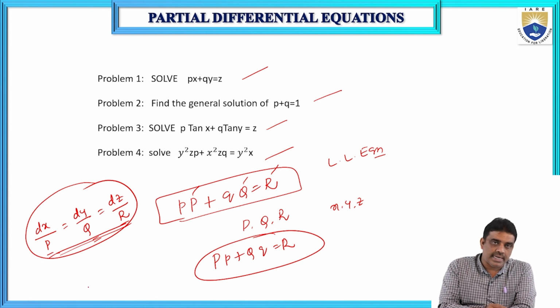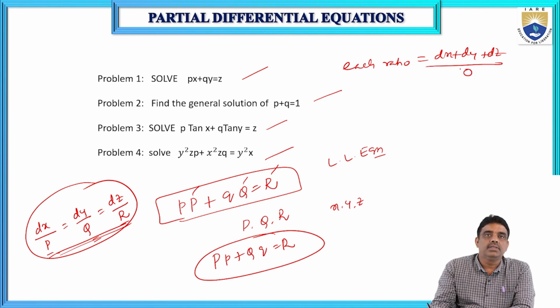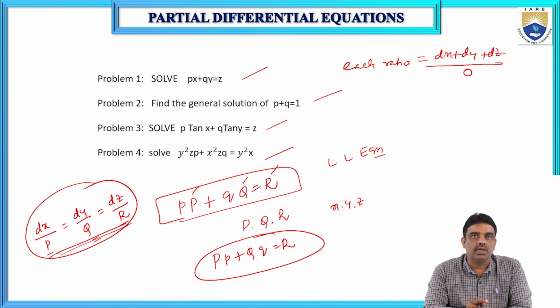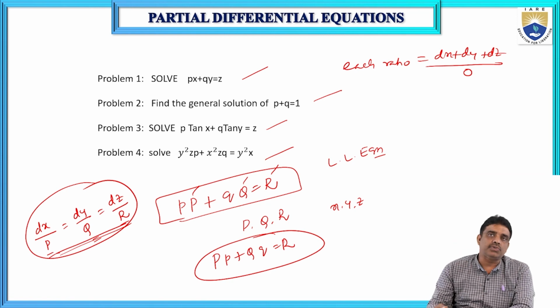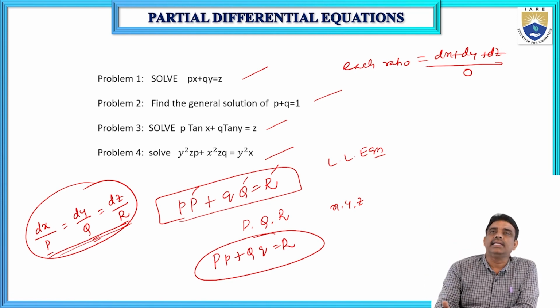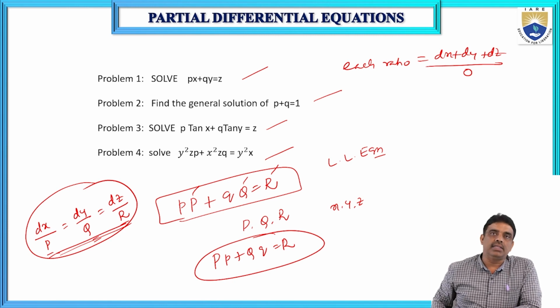If possible, you can take multipliers, so that you can write each ratio as dx plus dy plus dz by zero, and then you can write the solution of that one. That is another solution. The combination of the two solutions will be the required solution of the partial differential equation. So in our syllabus, we have only the Lagrange's linear equation by the method of grouping and by the method of multipliers. So both can be used depending on the given problem.